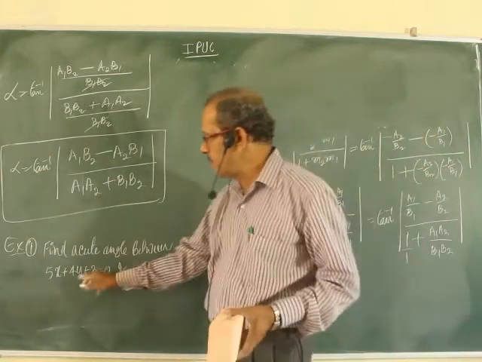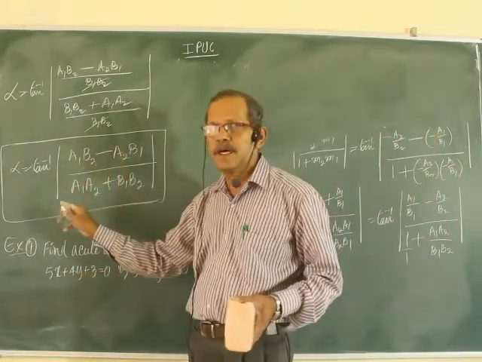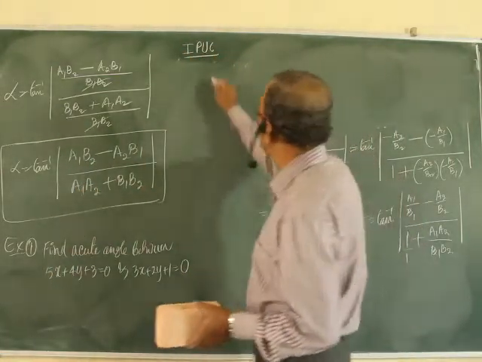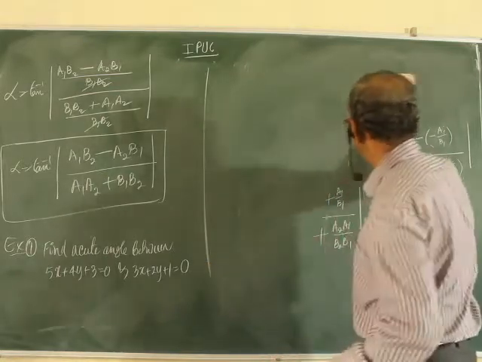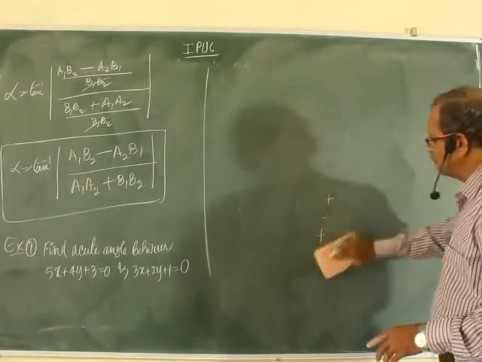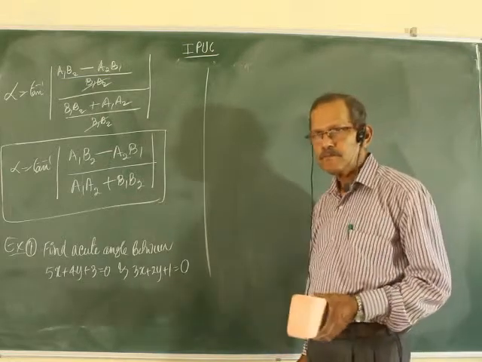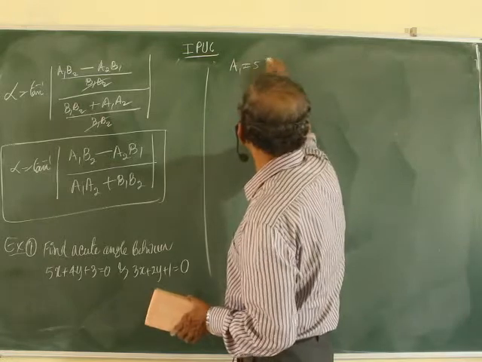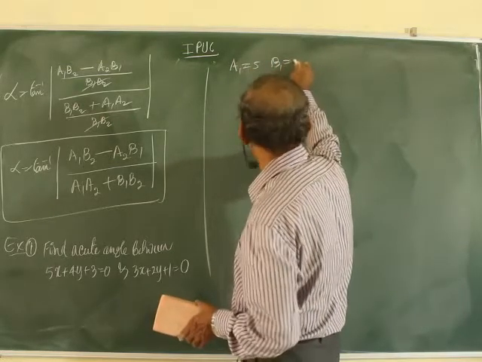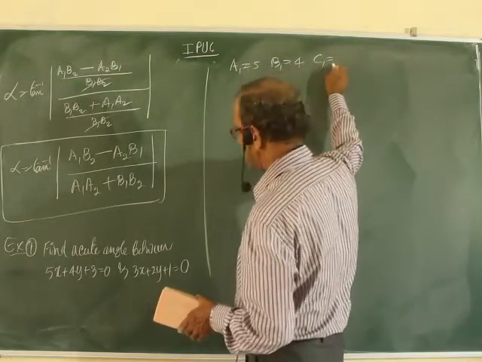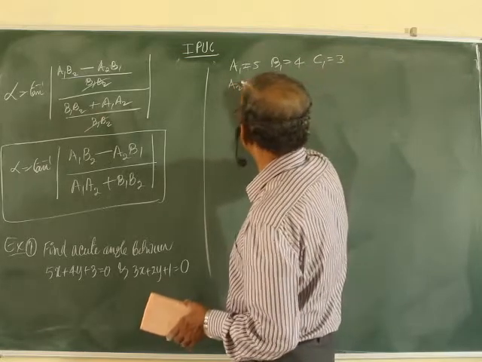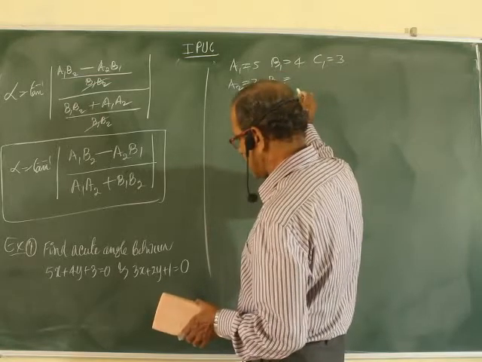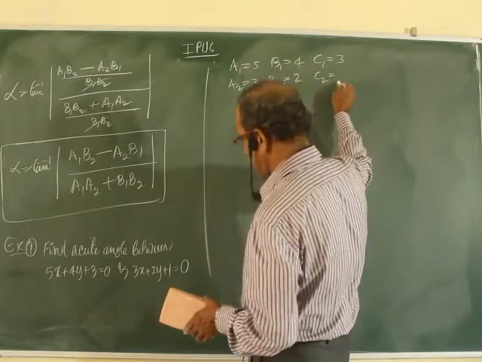You need not find m also. You can straight away take a1, b1, a2, b2, everything from the equation. In the first equation, a1 is 5, b1 is 4, c1 is 3. Second equation, a2 is 3, b2 is 2 and c2 is 1.